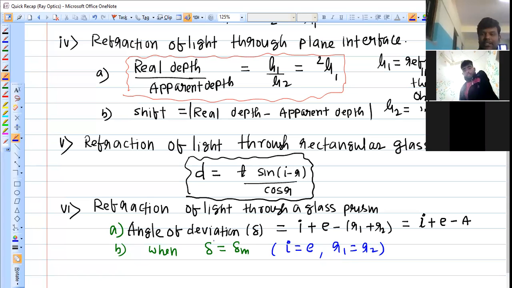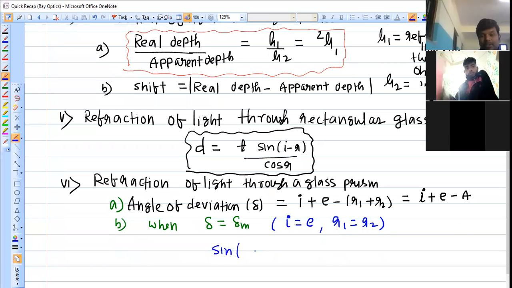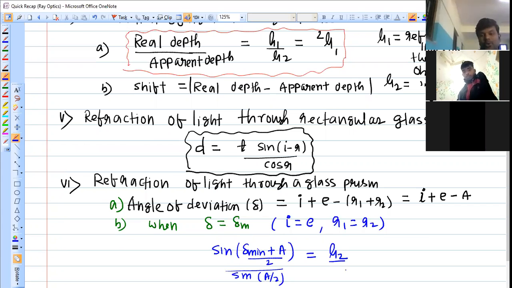And we have obtained this formula: sine of (delta minimum plus A) by 2, divided by sine of A by 2, is equal to mu 2 by mu 1. Again, remember mu 2 is the refractive index of the material of the prism, and mu 1 is the refractive index of the surrounding medium in which the glass prism is placed.